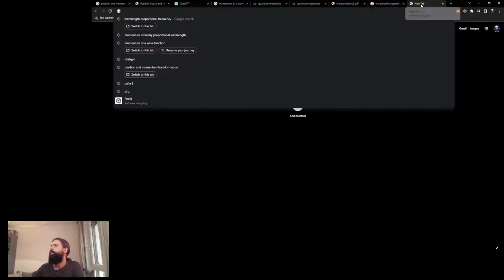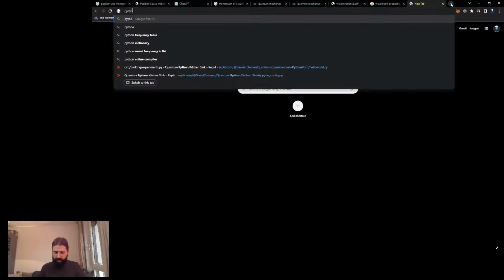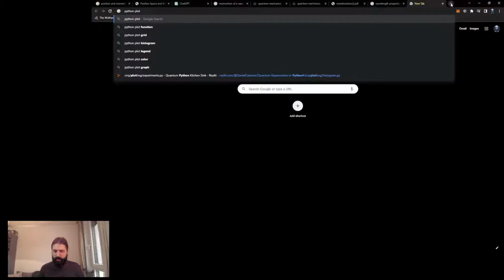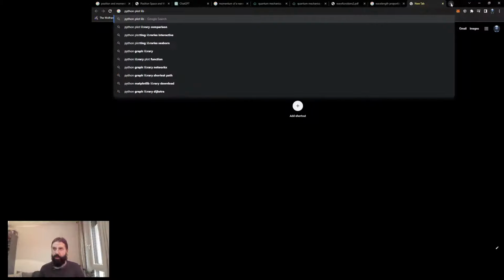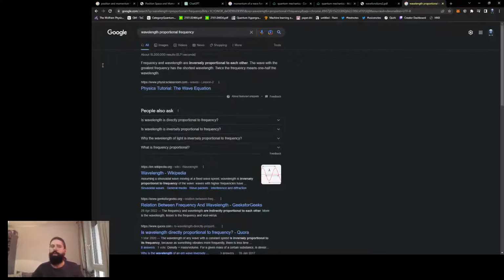Man, I should be able to use Replit for this. A bit of a Python plot of a function, right? Sine wave. Oh, actually, why am I even Googling that? We can just go ahead and try.